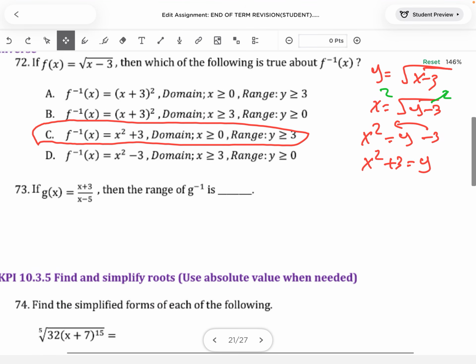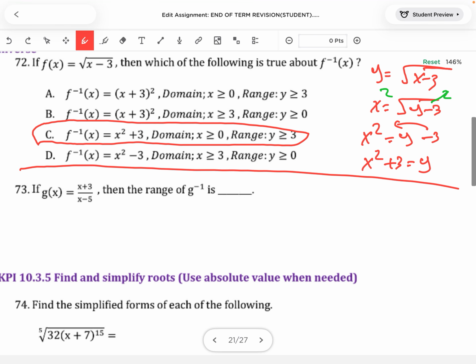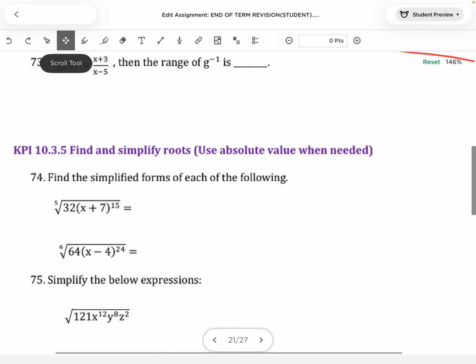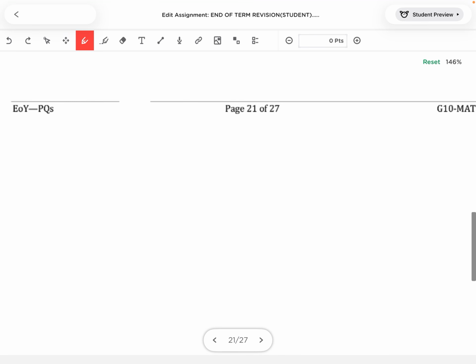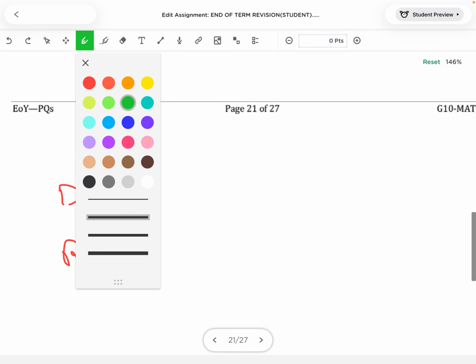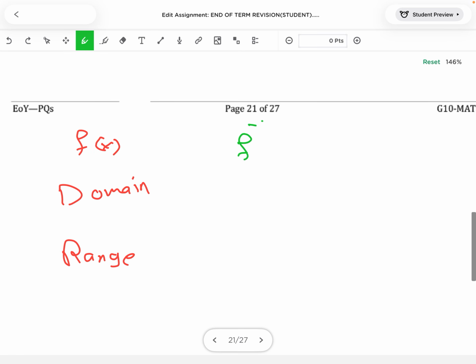This one is a very nice and critical question. And let me clear it here. For any function, we have a domain and we have a range. The inverse of the same function has a domain and has a range.